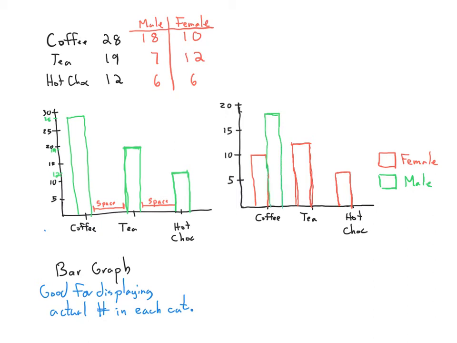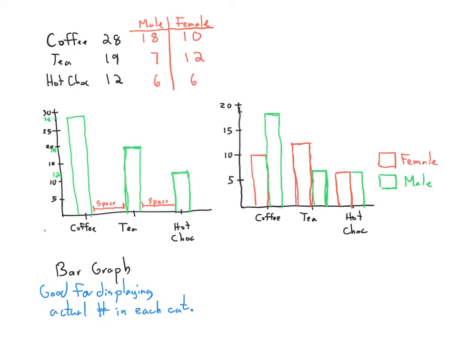We have 7 male students like tea the best, so 7 is roughly there. Notice that this is just sketched by hand, but the idea is to make all bars the same width so that your eye looks at it and doesn't see any difference between the width of the bars. And hot chocolate is 6, so that is there.